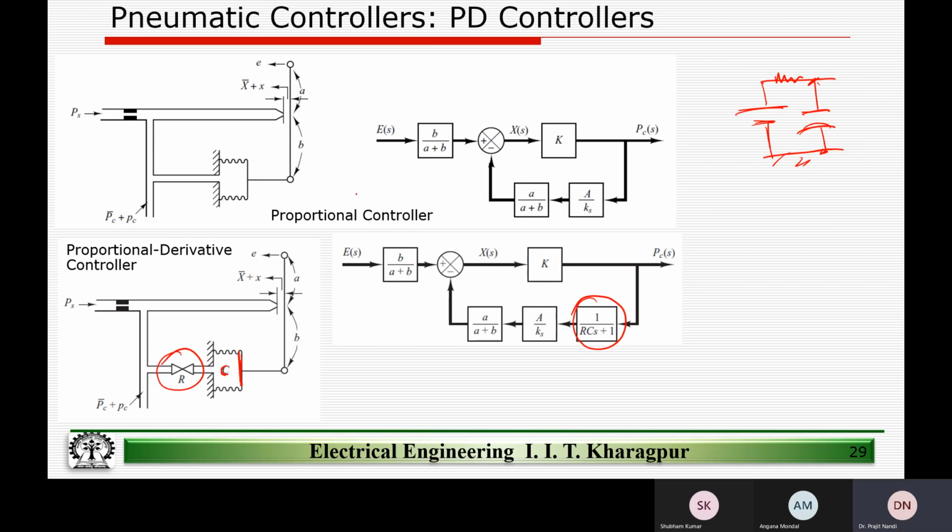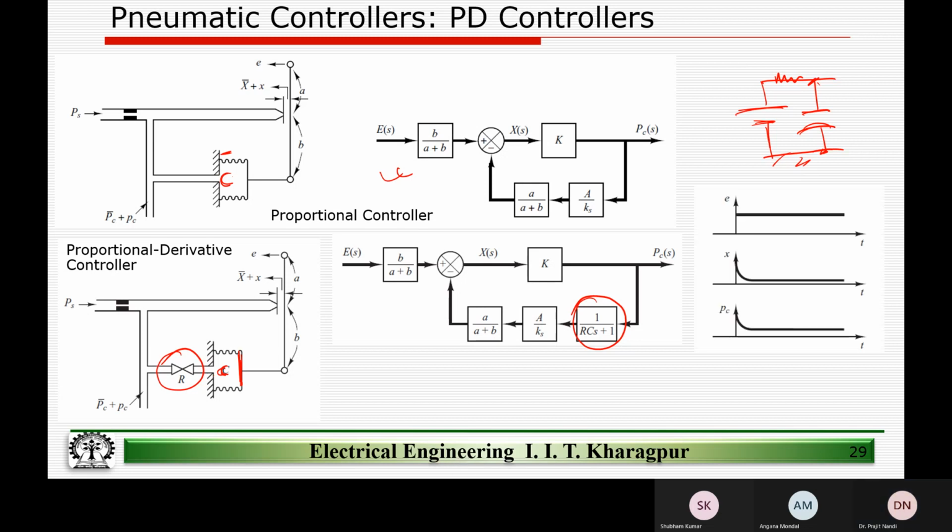So in the proportional controller, which we studied in the previous slide, just by making a small change of introducing a resistor here, and maybe you can say that in this thing we didn't talk of the capacitance provided by the bellow, we just talked of the spring constant provided by the bellow, and we looked at the force equation and derived the rest of it, right? Here, this capacitance comes into picture, and then we end up getting a PD controller.